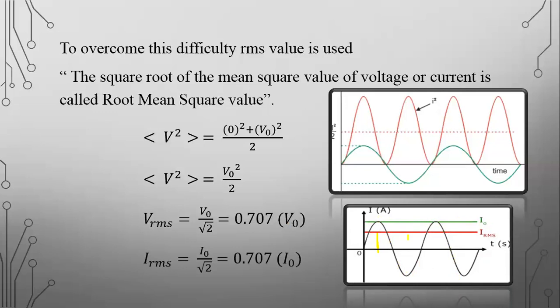Similarly, the same effect can also be observed for the alternating current. So IRMS is equal to I naught over 2 square root, and it is also the 70% of the peak value of current, yani 0.707 of I naught. So with the help of these values, we can describe the characteristics of alternating quantities. Thank you.